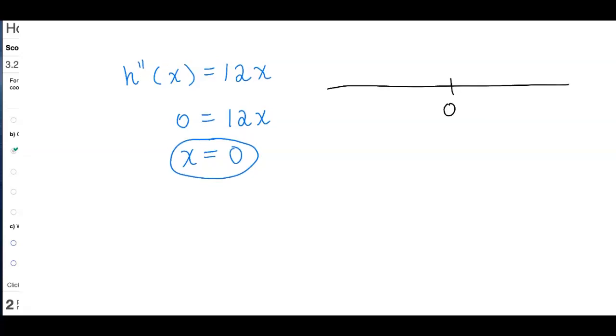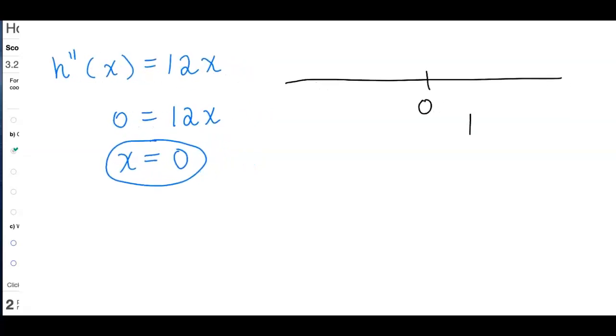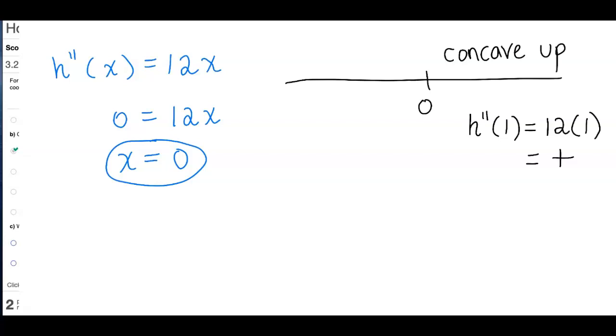So what I will do is plug in a number to the right of 0. What is h double prime of 1? H double prime of 1 is 12 times 1, which is a positive 12. So this area is concave up. For the interval to the left of 0, I can plug in negative 1. If I plug in negative 1 into the second derivative, I will get 12 times negative 1, which is negative 12.